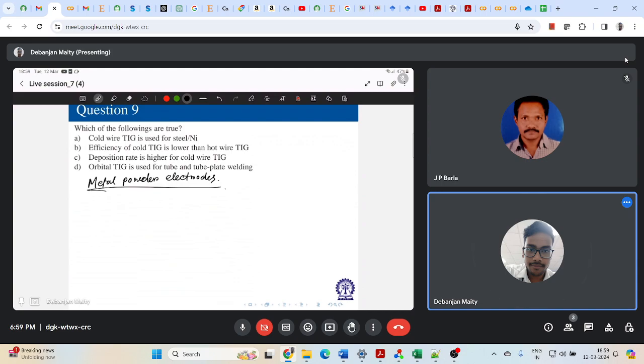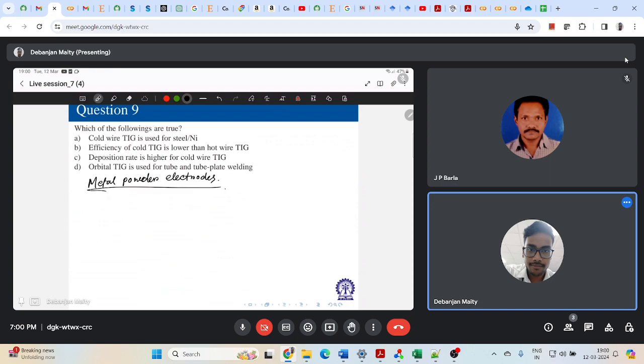And the higher deposition rate is not only achieved because of the addition of metals in the flux, but also it can carry more current for the same core wire diameter because you are increasing the iron powder. It can carry a larger amount of current, and because of that also your deposition rate will be higher.